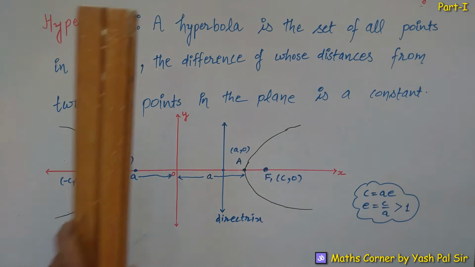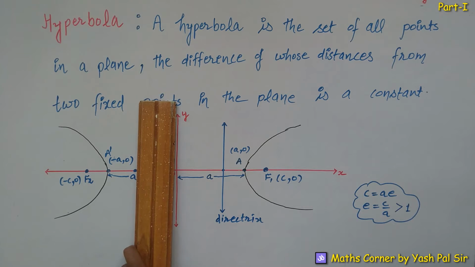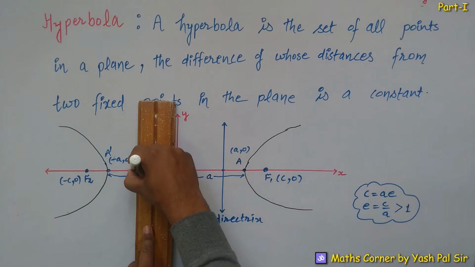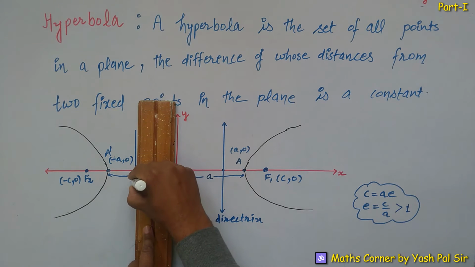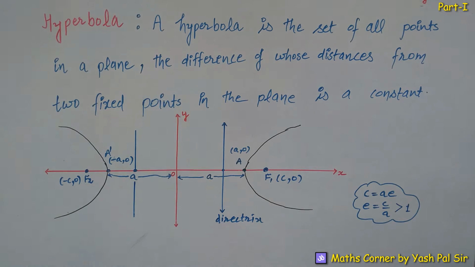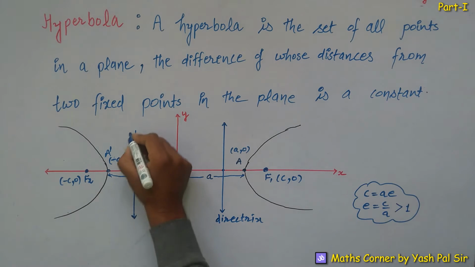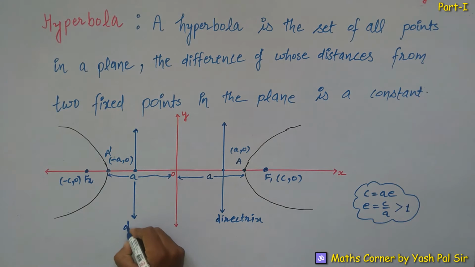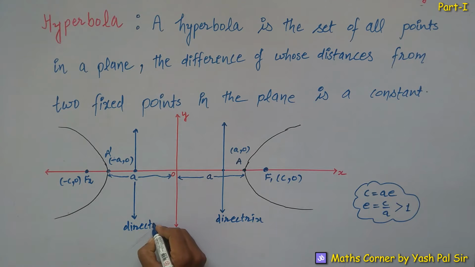Through this point, if we draw a line parallel to the y-axis, this line is also called a directrix. That means there are two directrices in the case of hyperbola, like in the case of ellipse.